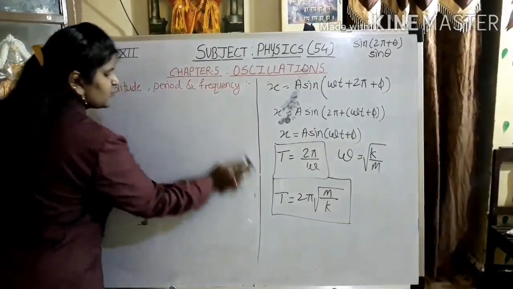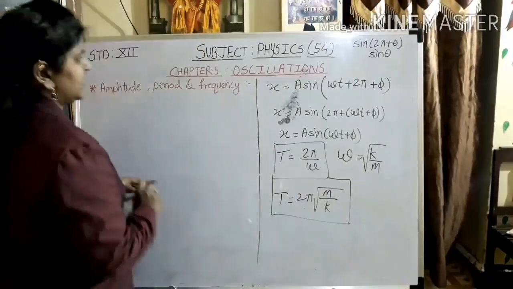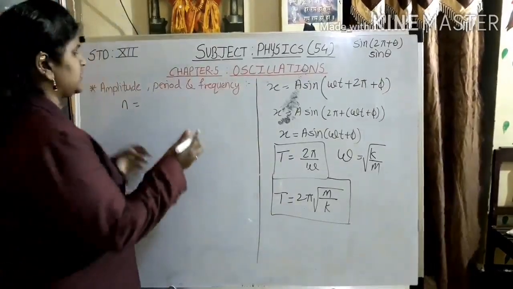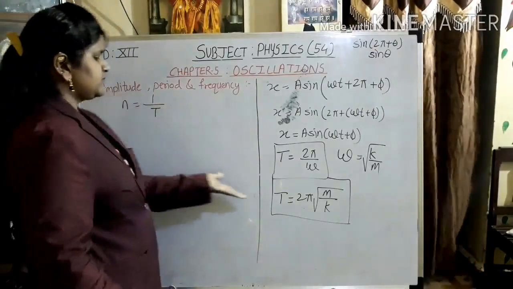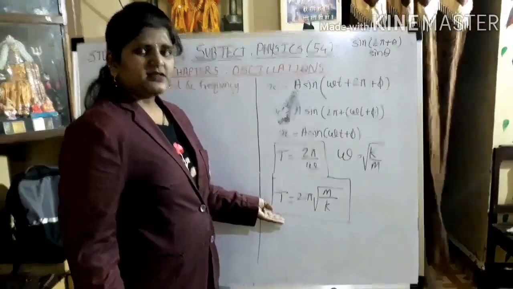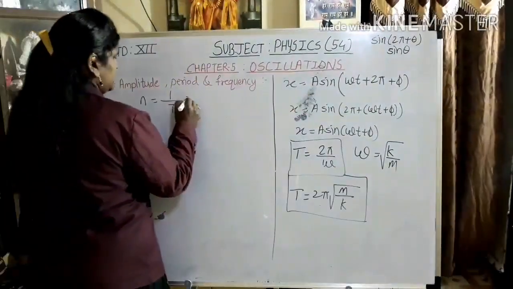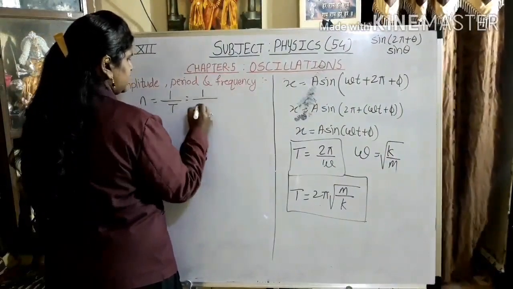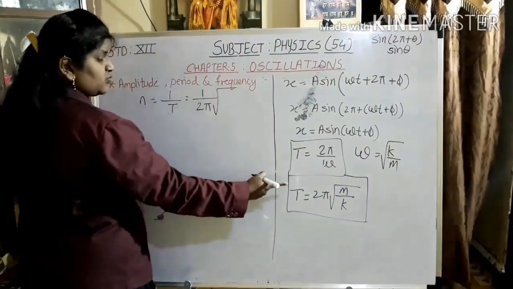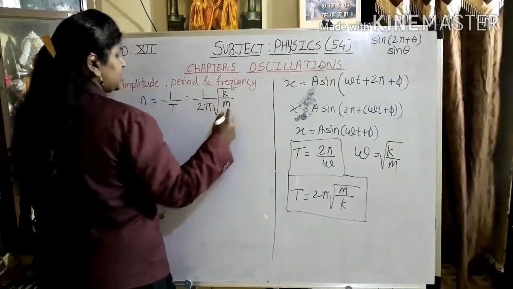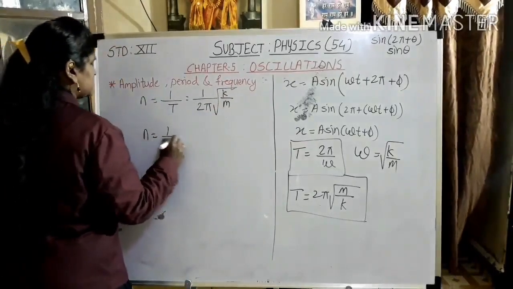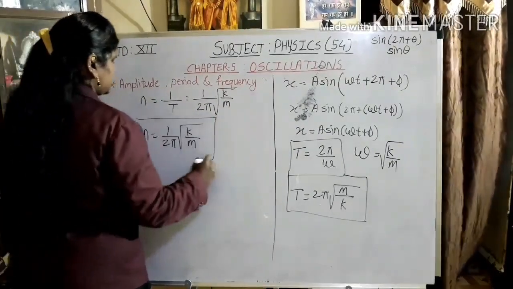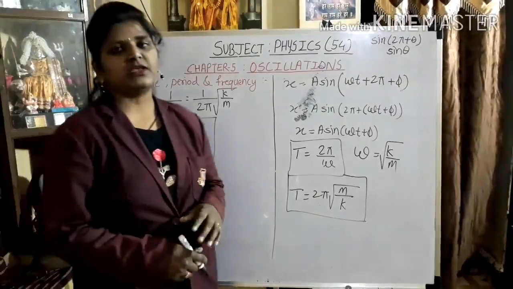It is given by the symbol n, and the formula for it is 1 upon T. The value for T is given over here, so n is 1 divided by 2 pi under root m by k. It becomes inverse, so I got the value for frequency as n is equal to 1 upon 2 pi under root k by m.